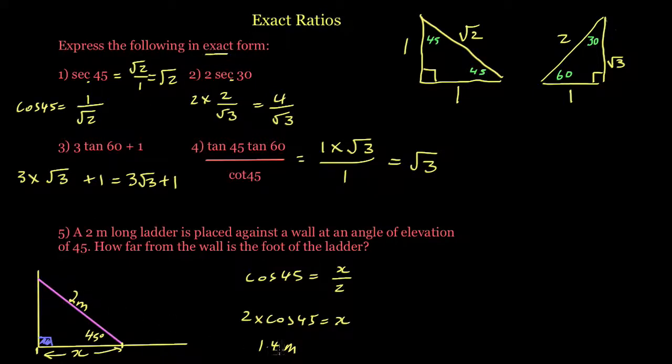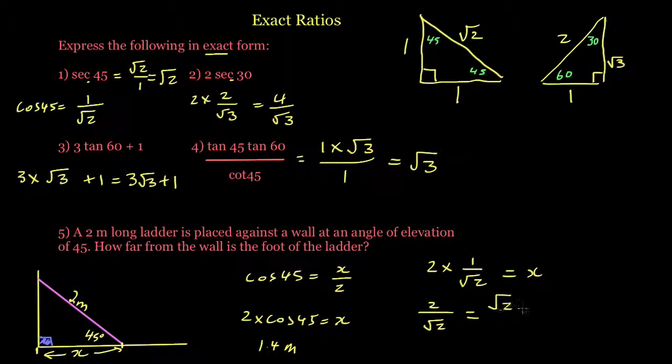So what we need to do is go back to this 2 times cos 45 and replace the cos 45 with one of our exact ratios. So 2 times cos 45, well, it's going to be the adjacent over the hypotenuse, so 1 over root 2. So 1 over root 2 will give us our x value. Now 2 times 1 over root 2, that's going to give you 2 over root 2. And if you remember from our surds videos, the number 2 can be expressed like this.